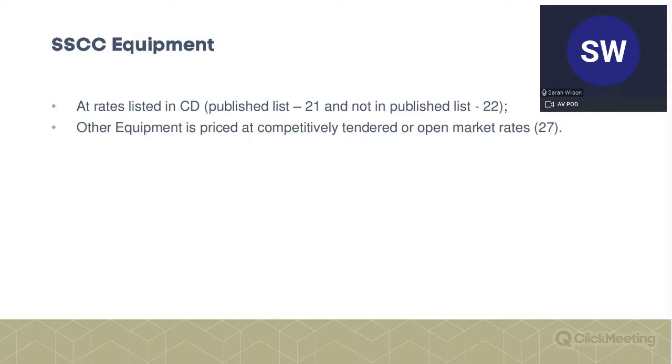Typically what you'll see in the contract data part 2 is a reference to the SECA list of rates, which I understand are fairly sensible rates for contractors and subcontractors. That's how your equipment is priced, and other equipment is priced at competitively tendered or open market rates.